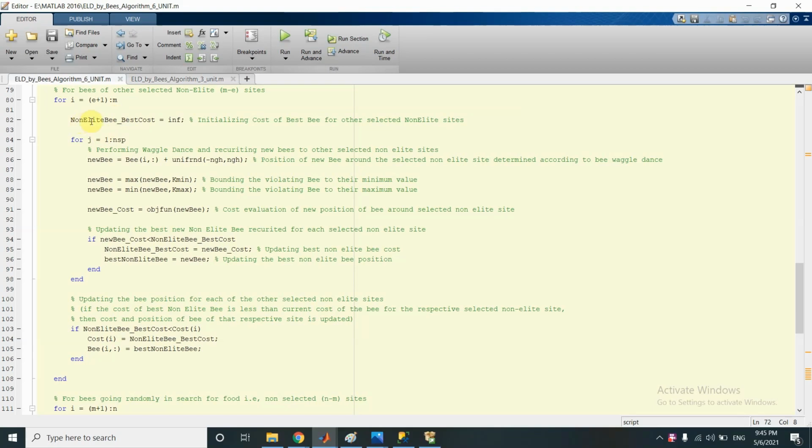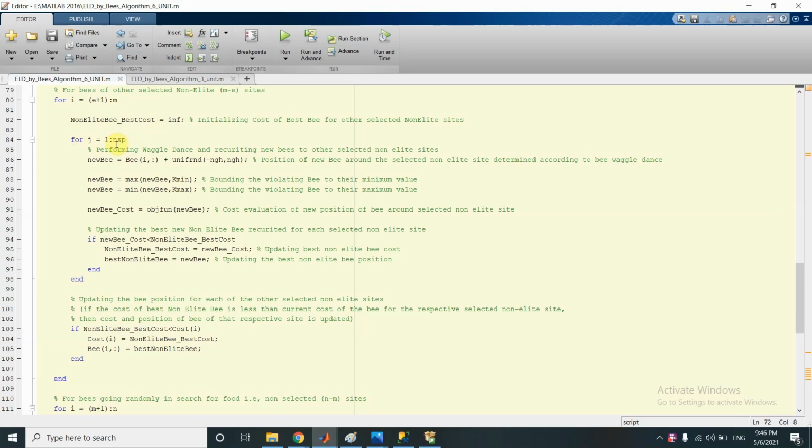And next we have initialized the non-elite B best cost, just like we initialized the elite B best cost. So this will store the best cost value of all the newbies that are recruited to go around the selected non-elite sites. And once again, this for loop will run NSP number of times.